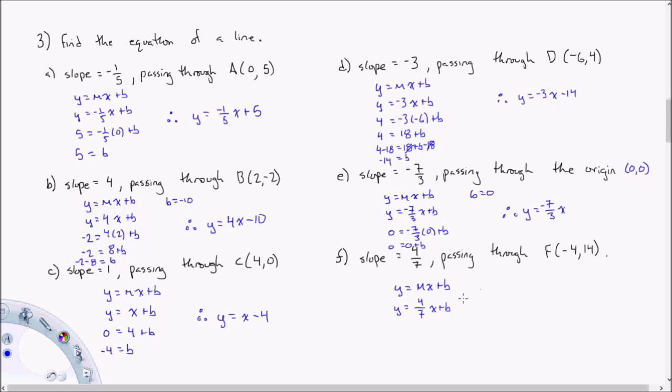And now we know that this point satisfies this equation because this point is on the line, because we're told that it passes through this point. So we can sub in the y value and the x value, and then resolve this to see what our b value is. So 4 over 7 times negative 4 is equal to negative 16 over 7.